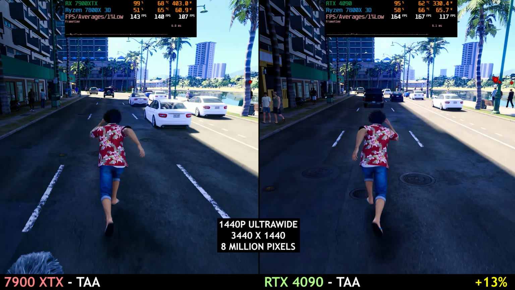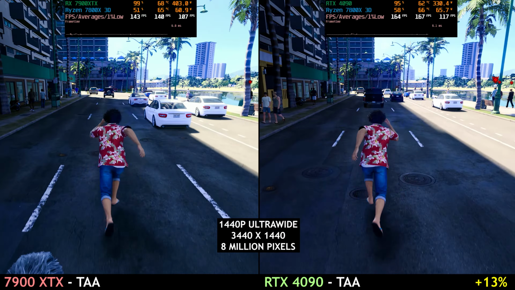And on the right, we have the 7900 XTX TAA plus FSR 3 frame generation, where we averaged 185 FPS, guys. That's an increase of 75 FPS, which is around 68% gain in average FPS from FSR 3 frame generation. That is a very nice increase to the visual fluidity of the game, I have to say. And it does actually look really nice.